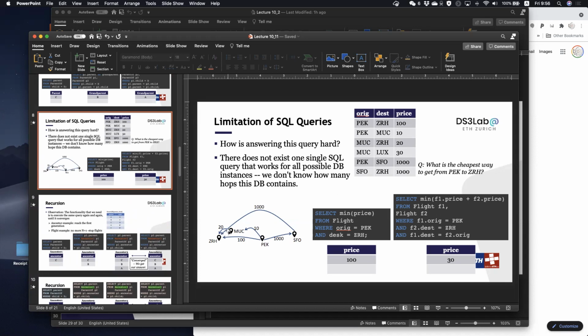So assuming I have a 3-hop flight with a certain price, and then I also have a 4-hop flight with a different price, and then the system will not converge until it finds the 4-hop flight?